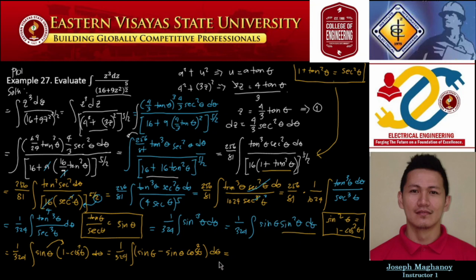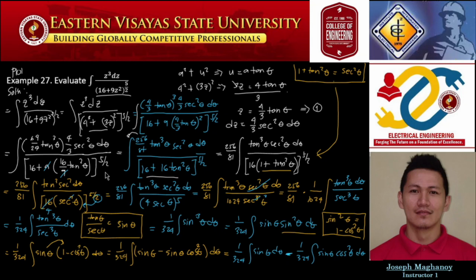Okay, if we do that, so that is 1 over 324 integral of sine theta d theta minus 1 over 324 integral of sine theta cosine squared theta d theta. So we have two functions to solve.